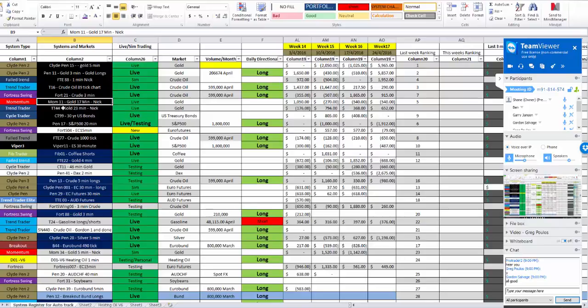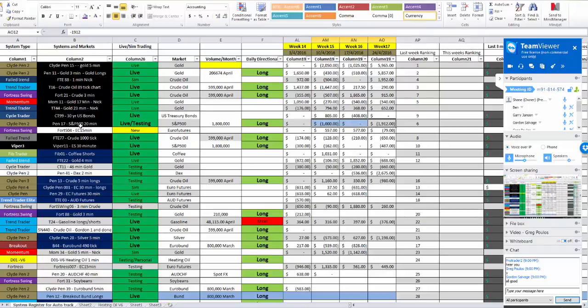Obviously, you've got Momentum 11, which is our gold system, needs to step up a little bit, but it has small losing weeks again, not trading outrageously frequently, but trading enough to keep you interested. And then you've got the bonds and Pen 17. We're just going to keep an eye on this Pen 17.